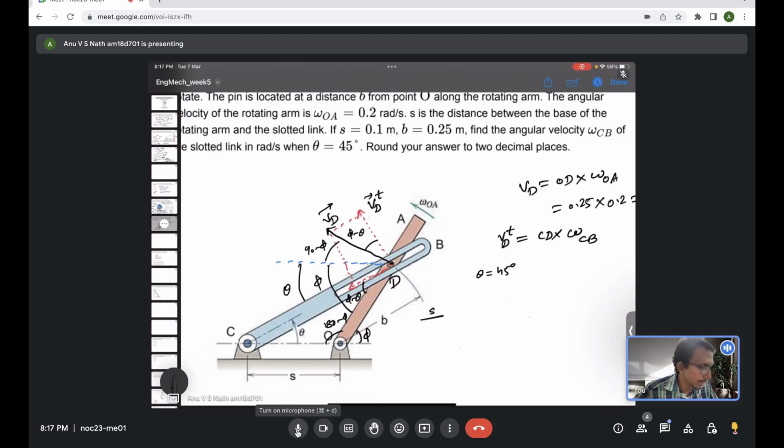So S by sine of the opposite angle to the S, which is 90 minus theta, equal to B by sine of the angle opposite to it, which is sine of theta, and the length CD by sine of the angle opposite to it, which is 180 minus phi. Sine of 180 minus phi will be just sine phi, right?